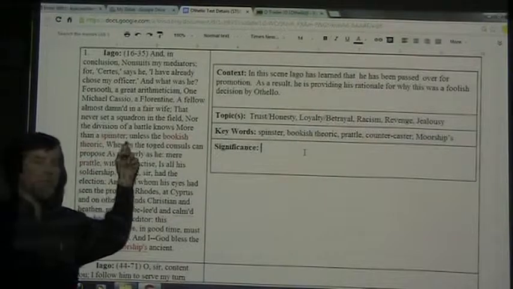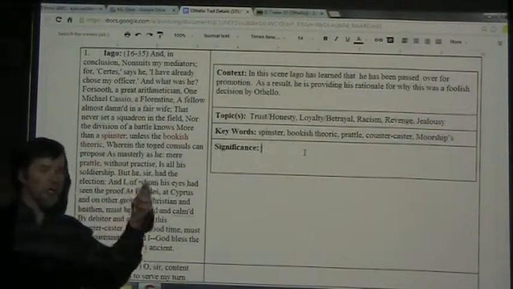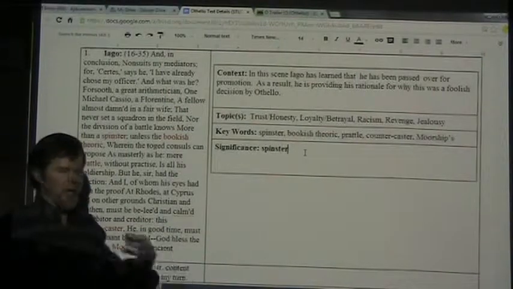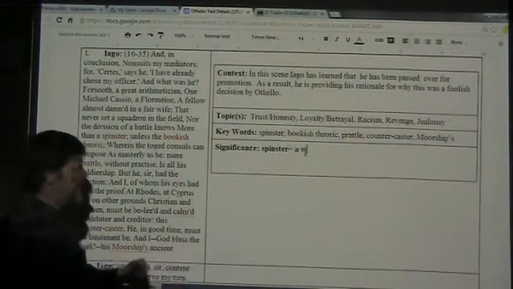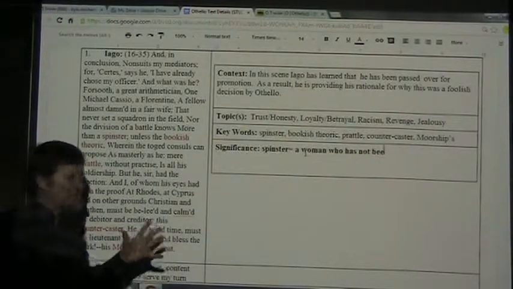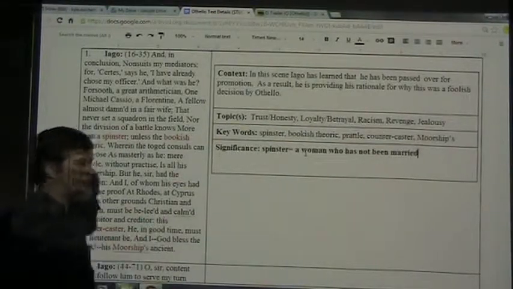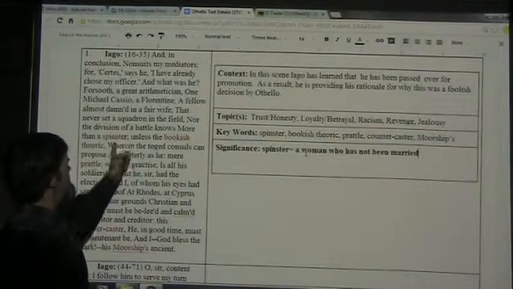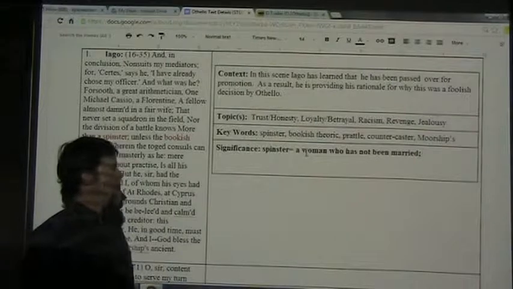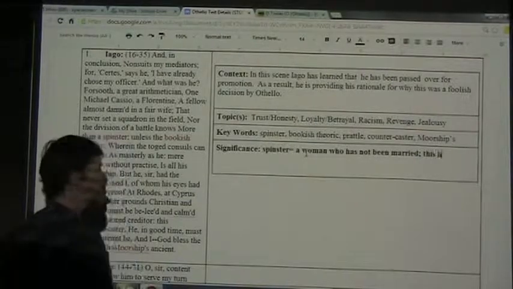He calls him a spinster. Now, I happen to know that a spinster is a woman who has not been married, older, past that marrying age. There's a suggestion that she's probably not the marryable type. So that word shows us how Iago feels about Cassio.